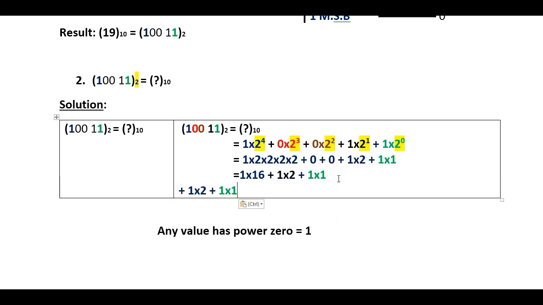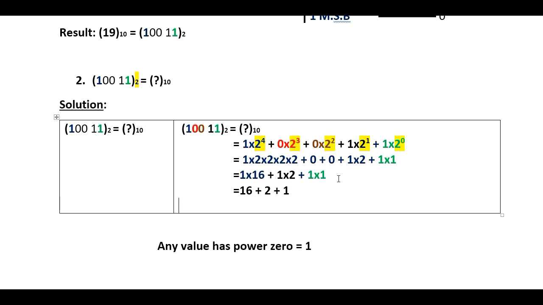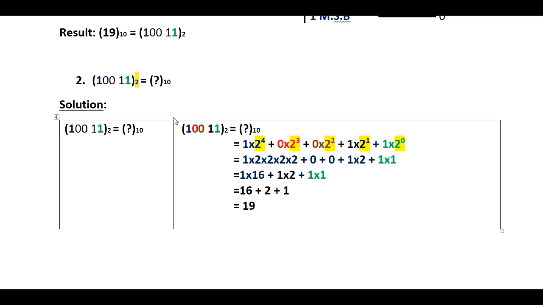Now the result again. 1 cross 16 is equal to 16, plus 1 cross 2 is equal to 2, plus 1 cross 1 is equal to 1. The result is 16 plus 2 is equal to 18, 18 plus 1, the result is 19. The result matches, the 19.